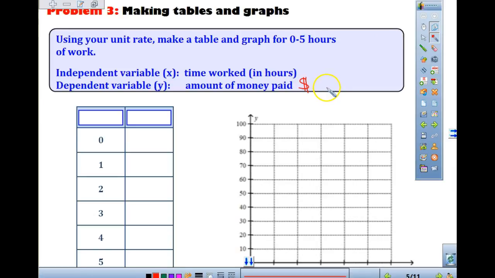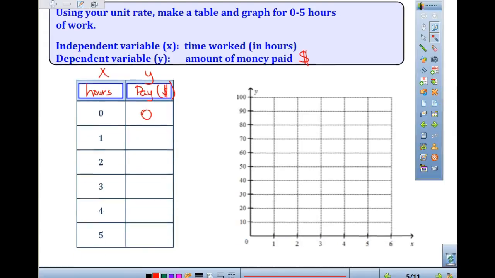That's how much money we got paid. So when we look at this table, above the table I want you to write x and y. X is our hours. That's our time. Y is our dollars, or our pay. We are getting paid in dollars. Okay. 0 hours worked. 0 paid.